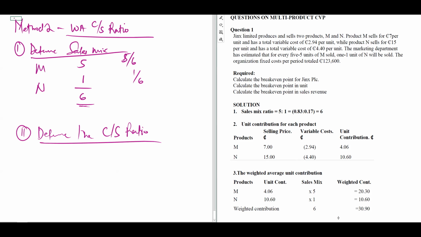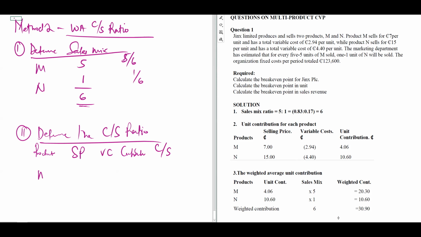So how do we get the CS ratio? For product M, we've already got the contribution, so we can divide the contribution over the sales. Let me set up a table: product, selling price, variable cost, contribution, and contribution to sales ratio.